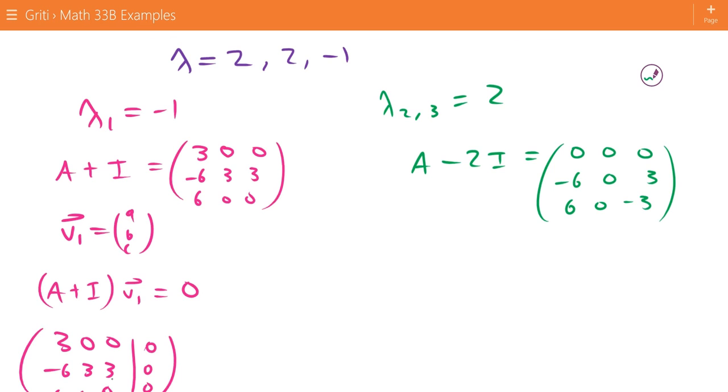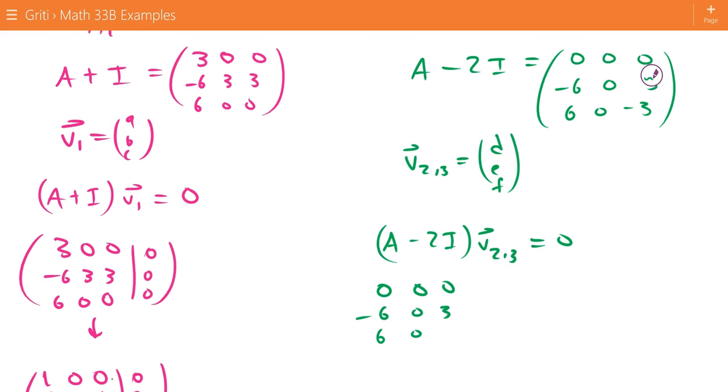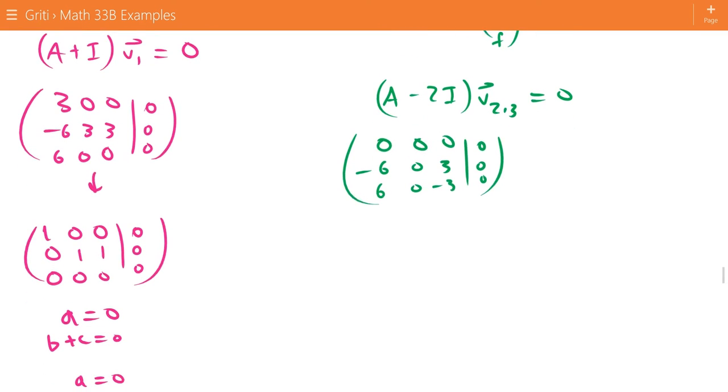So that means we need vectors, we'll call it v2 and 3, which equals (d, e, f). And this has to satisfy A minus 2I times v2,3 equaling 0. So this gives us the augmented matrix that looks like that.